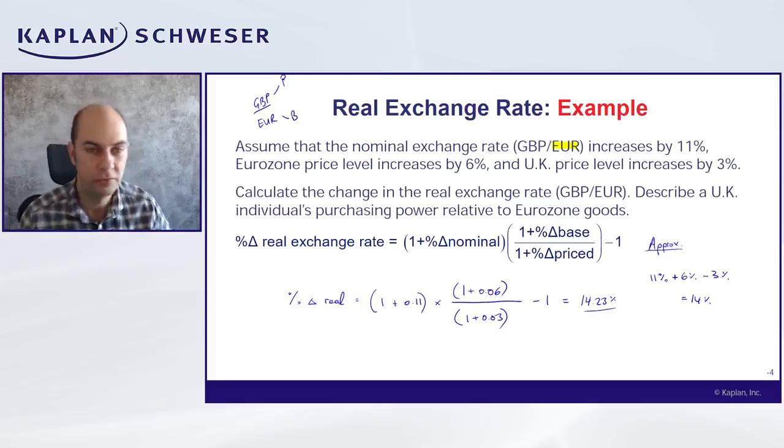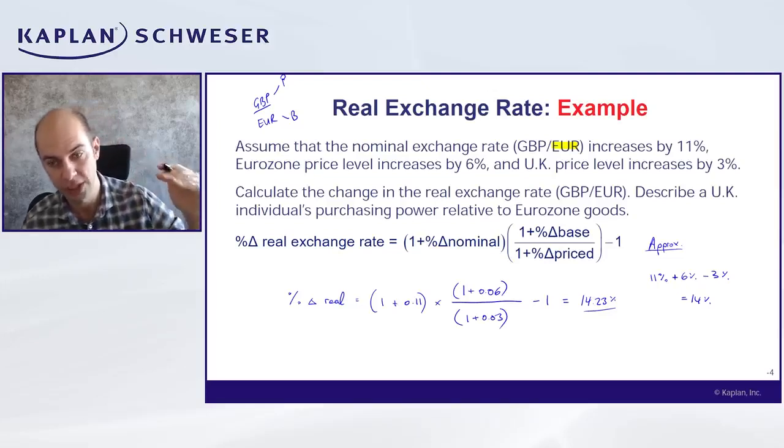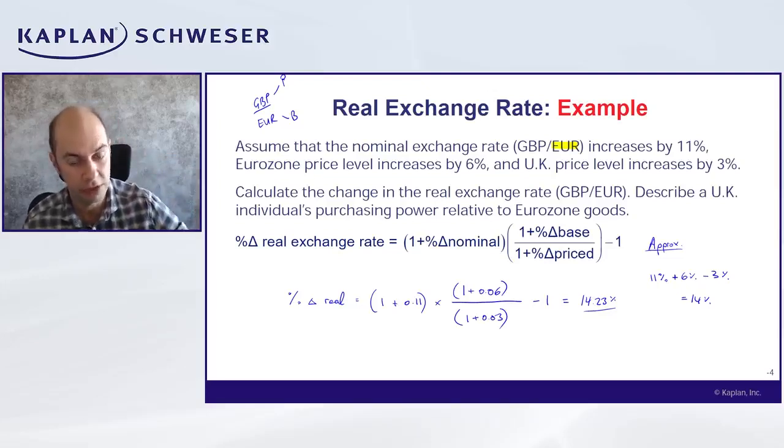Okay, so now back to the question, what does that mean? What does it mean for the euro to have appreciated by 14% in real terms? Well, it means that a UK consumer can now buy 14% fewer goods and services from EU countries. Let me say that one more time because it's so important. The euro has appreciated by 14% in real terms.